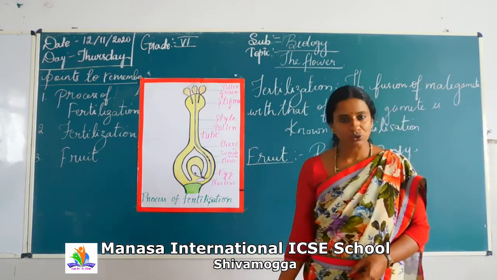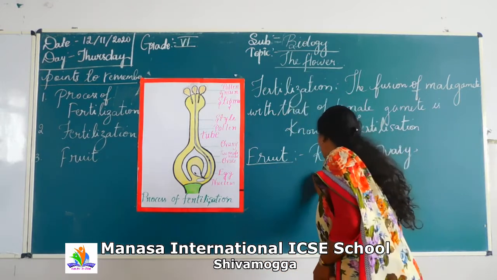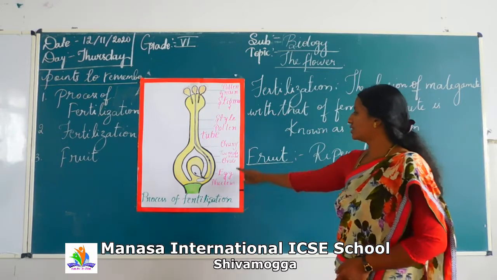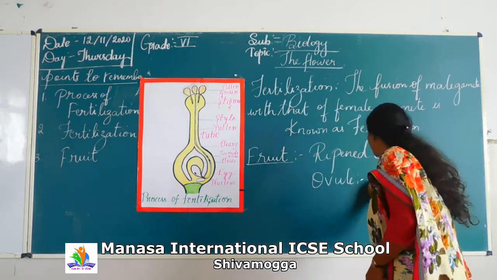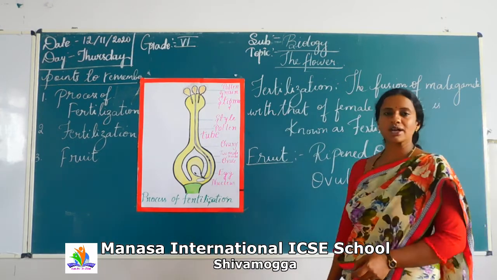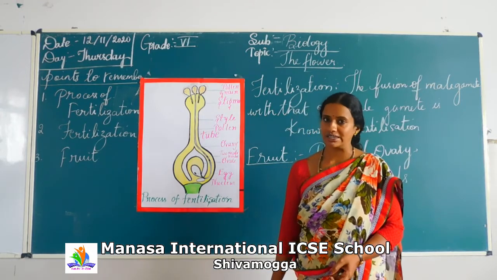And in most of the fruits, we observe seeds, and the ovule part of the flower will develop into seeds. This is the complete formation of a fruit. I hope it is clear.